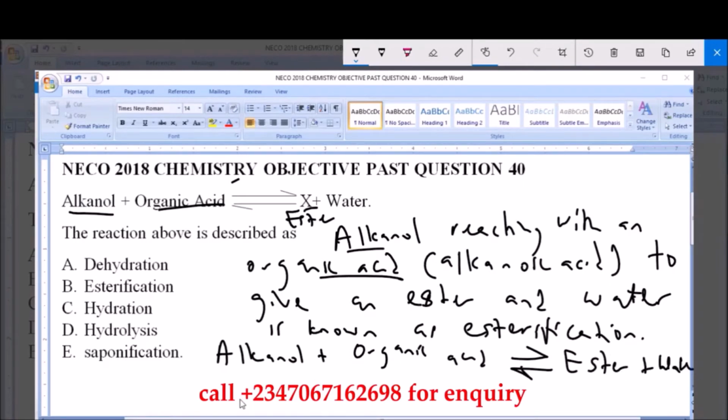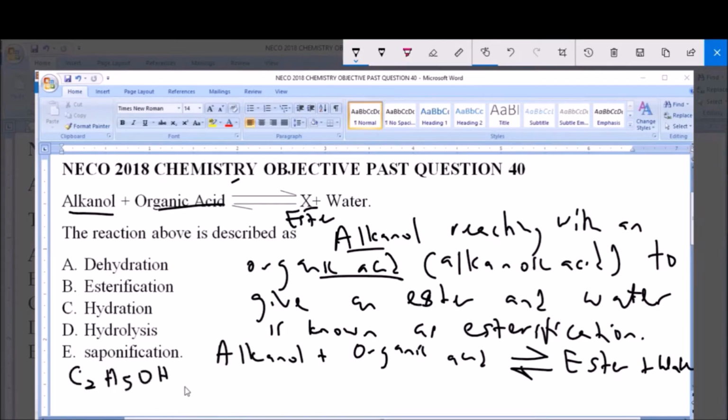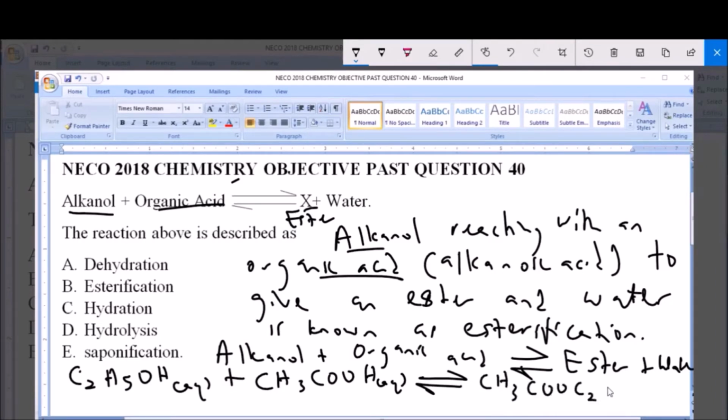And for an example of this reaction, you can have ethanol, C2H5OH, reacting with an organic acid such as ethanoic acid to give an ester such as ethyl ethanoate and water. So this reaction is known as esterification. So esterification is option B. So option B, esterification, is the correct answer to this question.